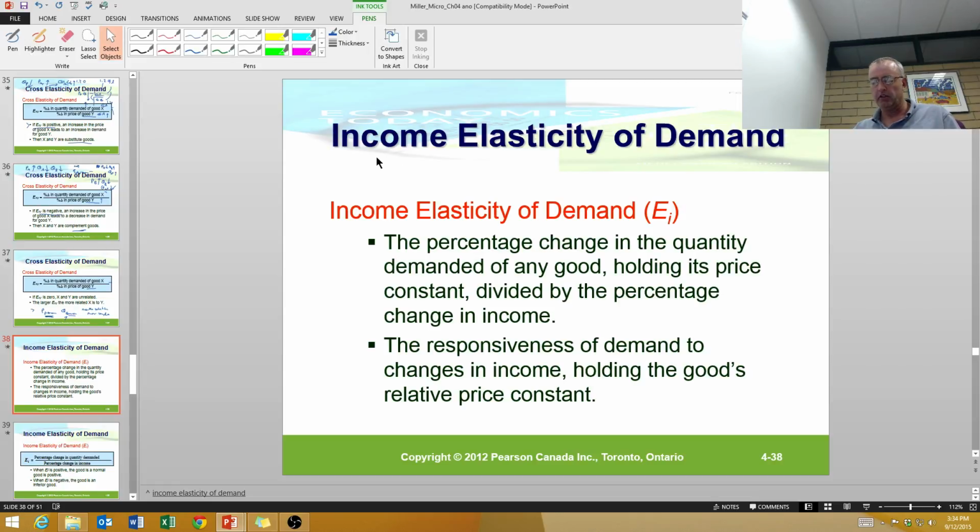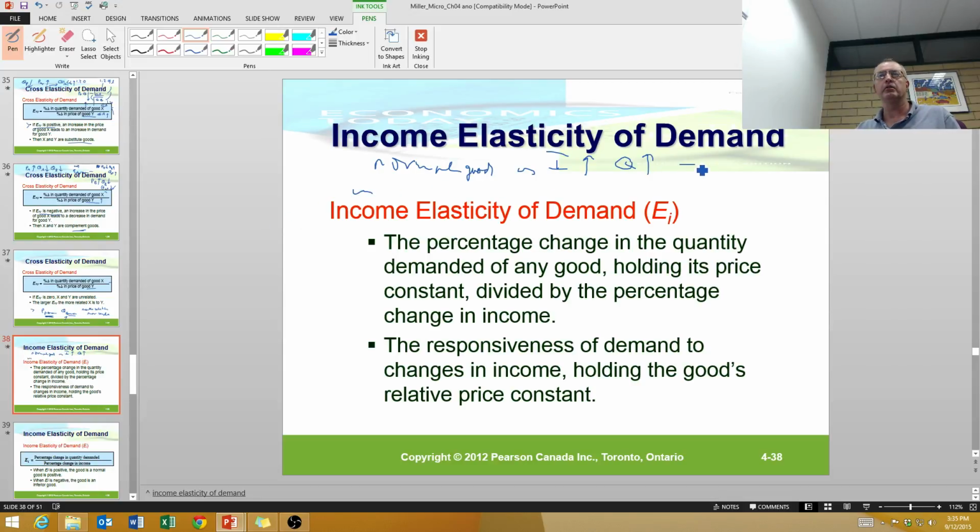As we saw back in chapter 3, we had the concept of normal goods and inferior goods, and we have a different impact. With normal products, as our income increases, our quantity demanded is likely to increase.